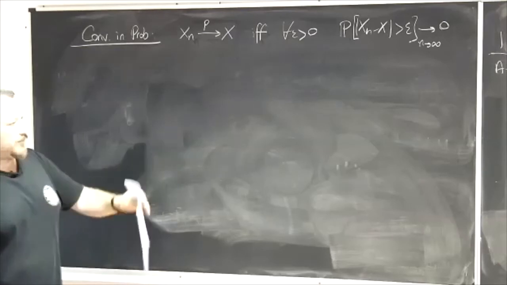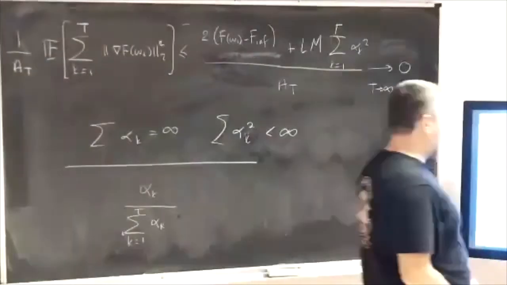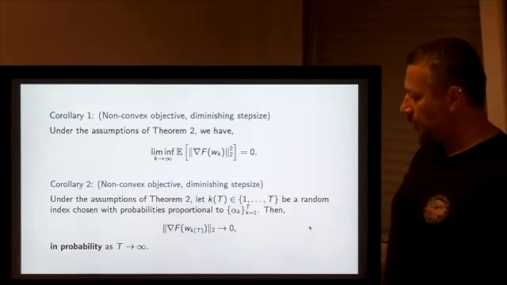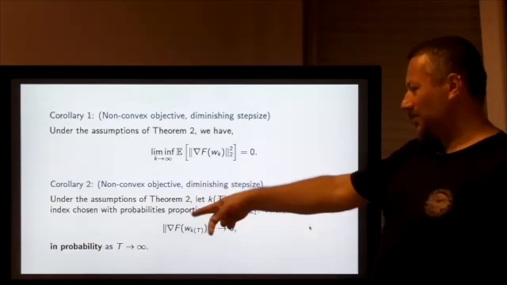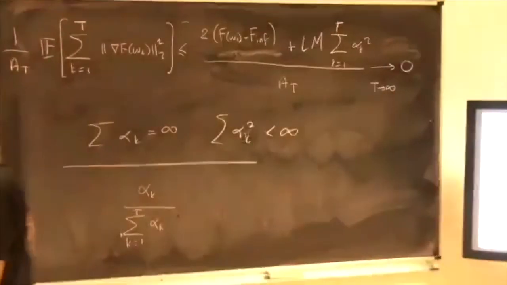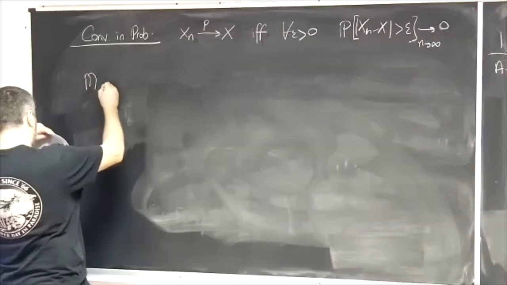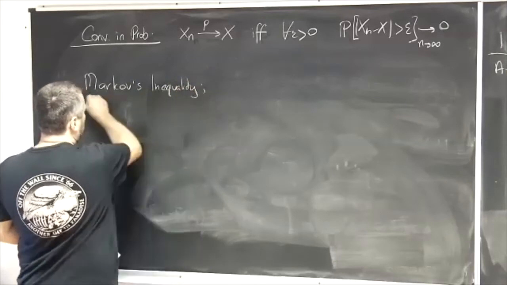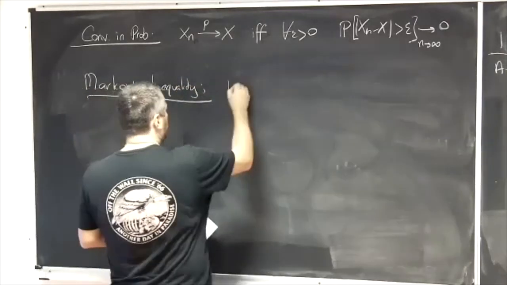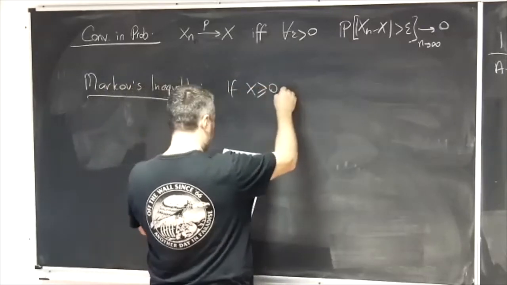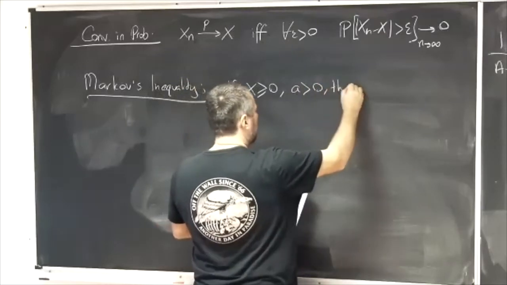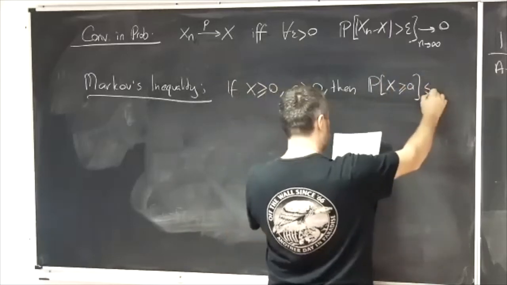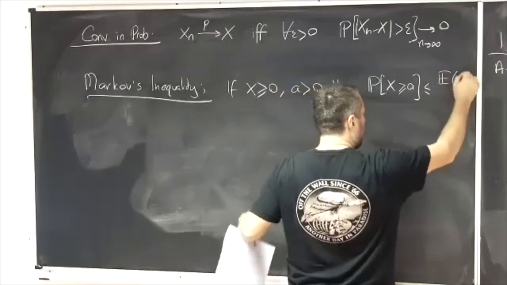Right, we want to show this for the norm of the gradient of f at the point which is chosen randomly from this sequence, with probability proportional to alpha k, of course. To prove this, we need to remember Markov's inequality. If X is a random variable bigger than or equal to 0, and a is positive, then the probability of X getting a value bigger than or equal to a is smaller than or equal to the expected value of X over a.